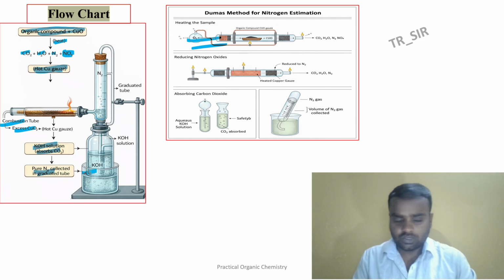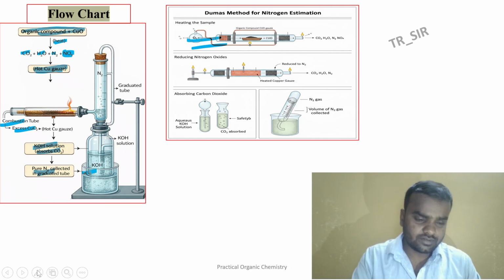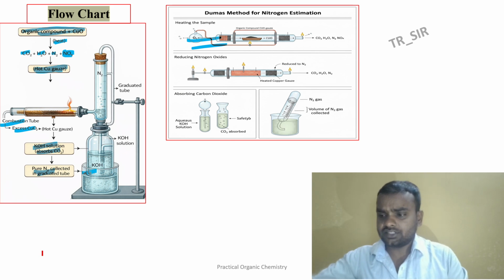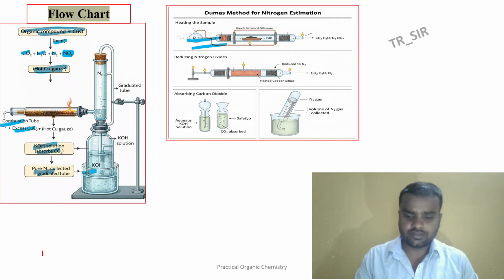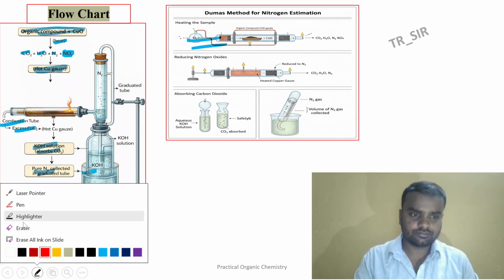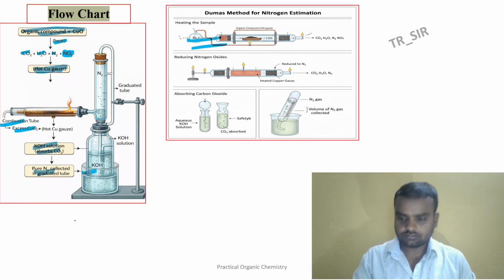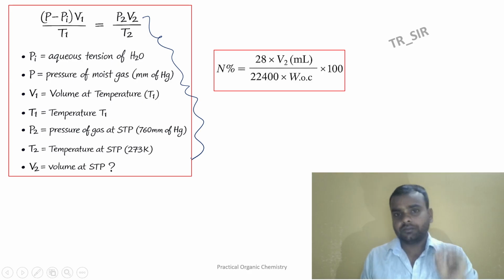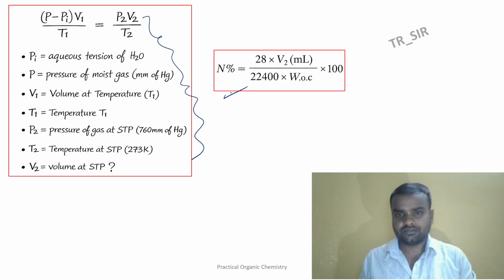Easy. The main motto is that we need to find out the percentage of nitrogen using the Dumas method. Now we'll see this relation and how to get the answer for that question. Here the formula is also represented, as well as the percentage of nitrogen.